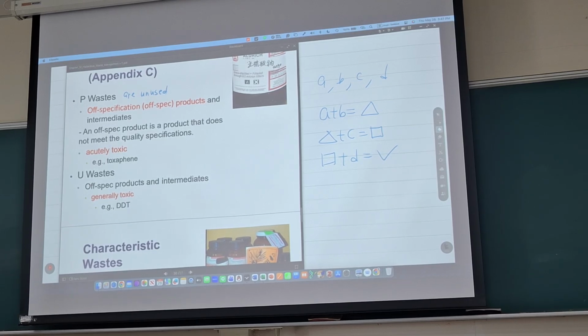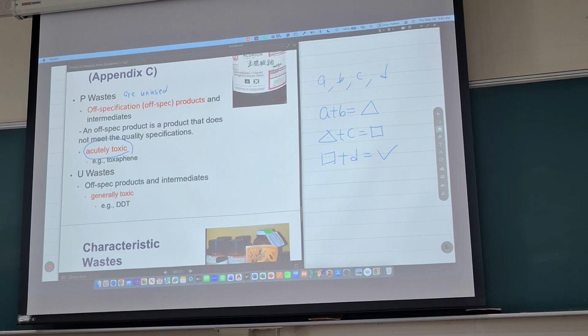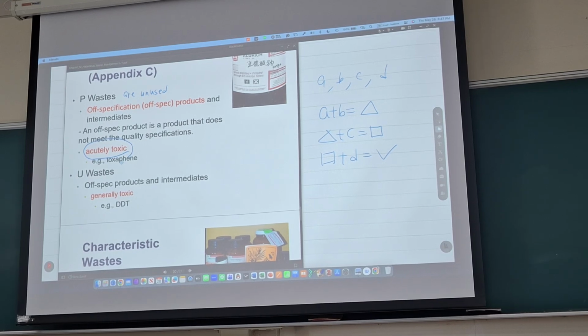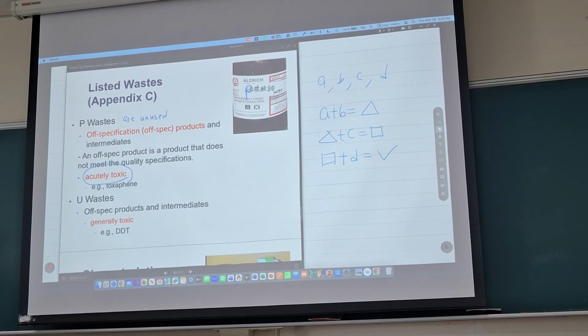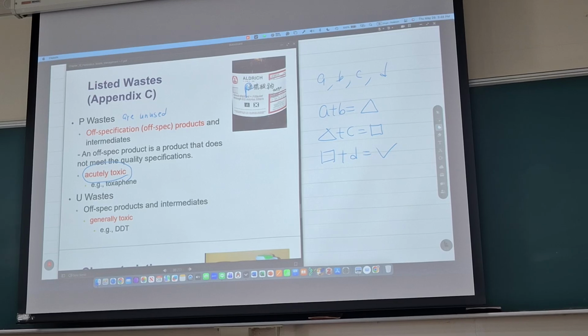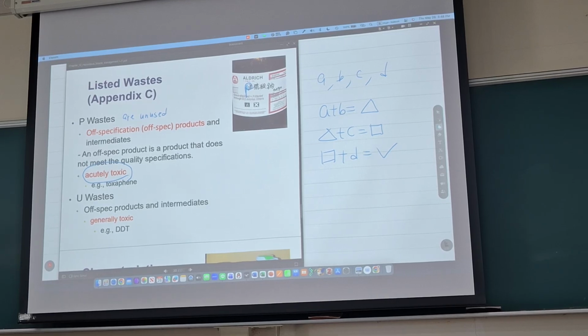And if you see P waste, you must be careful because P waste is very toxic, actually toxic. So if you see P here, the P waste is very accurately toxic. And it's new. It's unused.